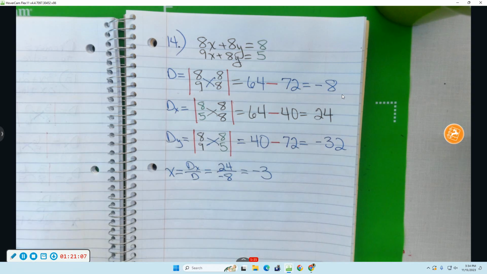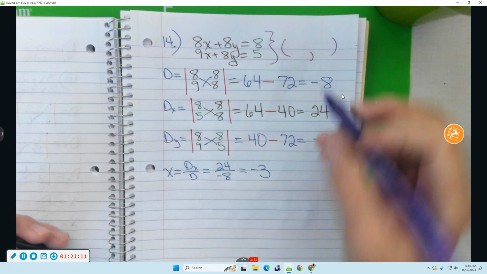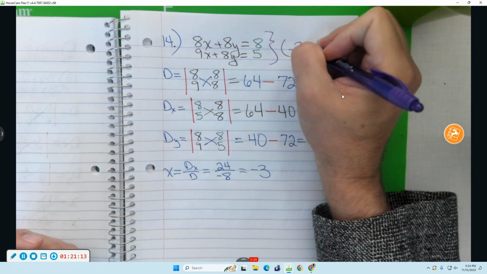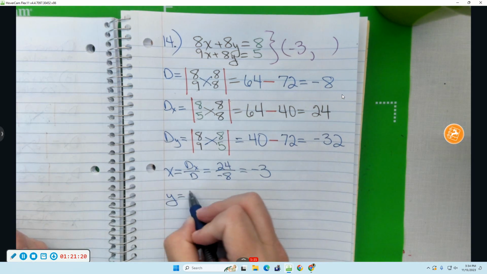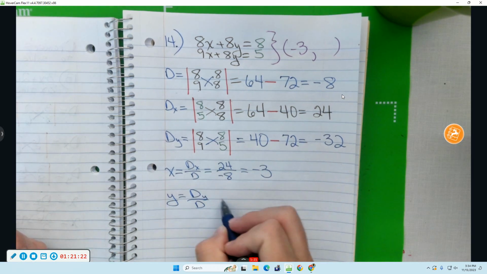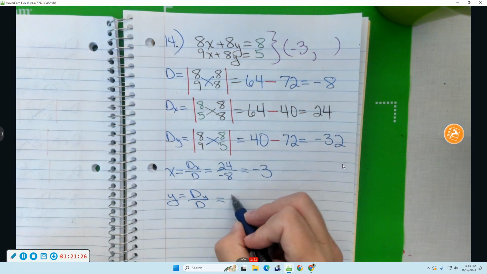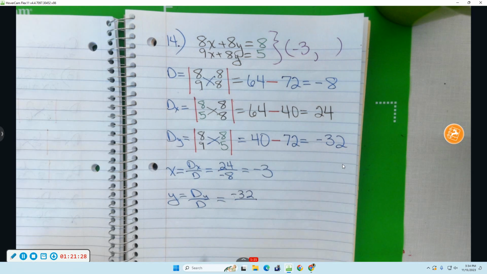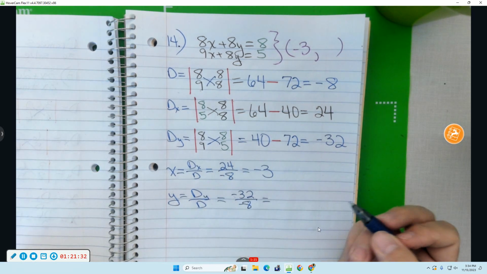That means these two lines are going to intersect at an ordered pair where x is negative 3. y is equal to D sub y divided by D. D sub y is negative 32 divided by D, still negative 8, which gives me a y value of 4.